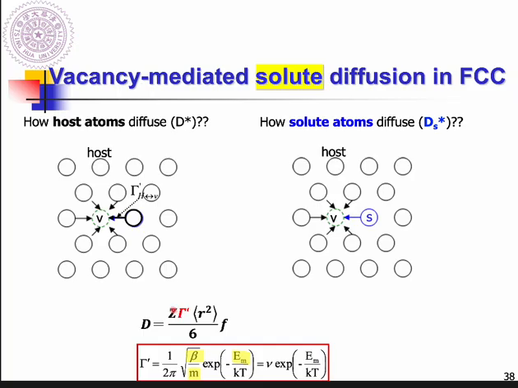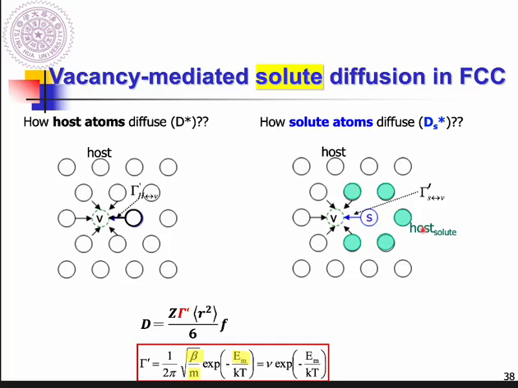So how many different gamma primes will you have? That depends on the bond configuration, which will be different, right? One type of situation is where the solute atom jumps into the vacancy.